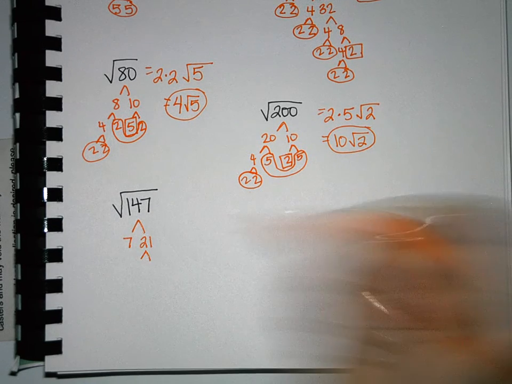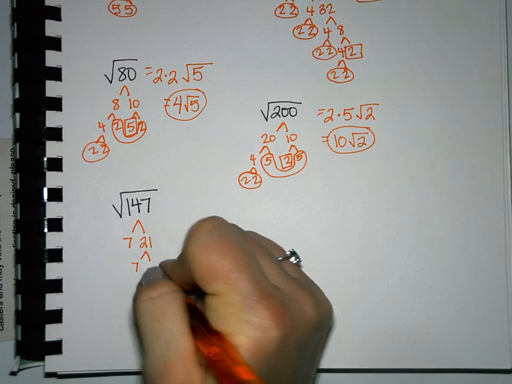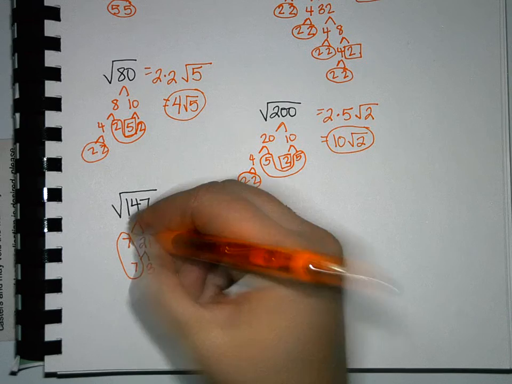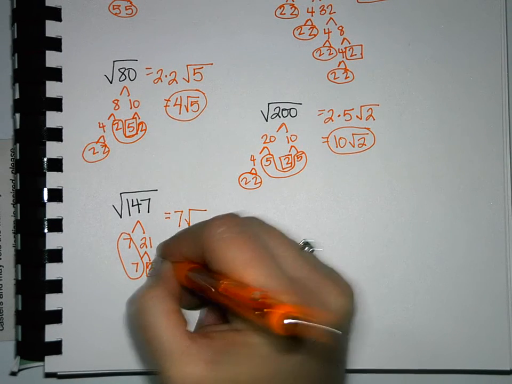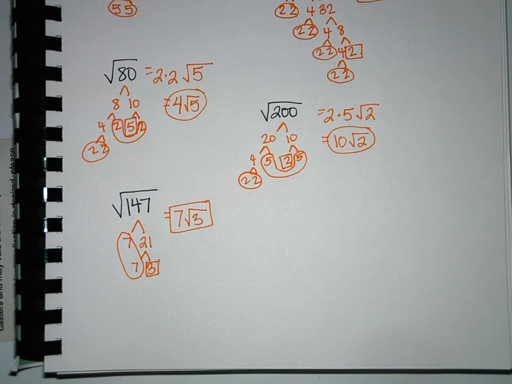And then two numbers that multiply to 21. 7 and 3. So here we have a pair of 7's. So 7, and then the 3 was left out, so it stays inside. And 7 root 3.